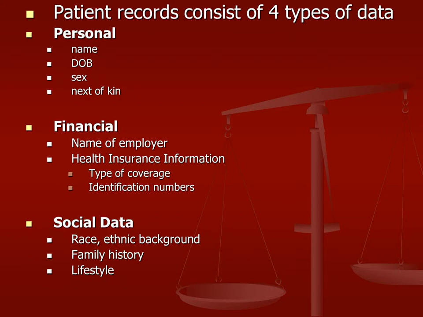And also the patient's medical history, any diseases or diagnoses. Some of that you will find on the face sheet. Others, such as family history, personal history, and lifestyle, you're going to find in the history and physical.